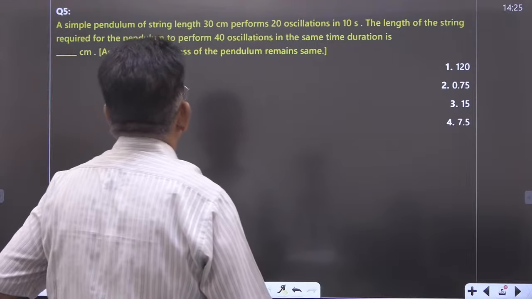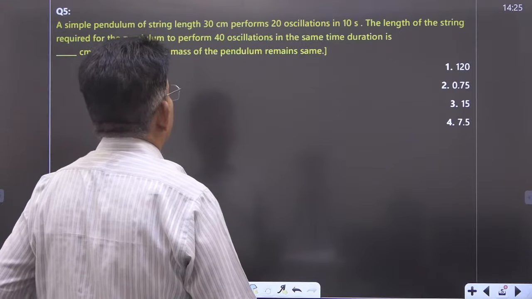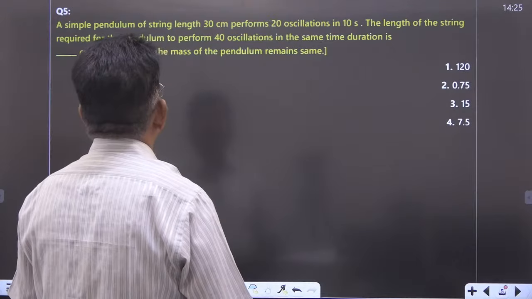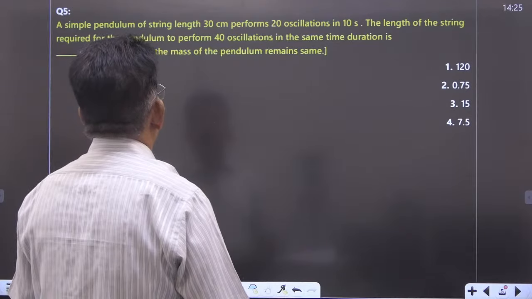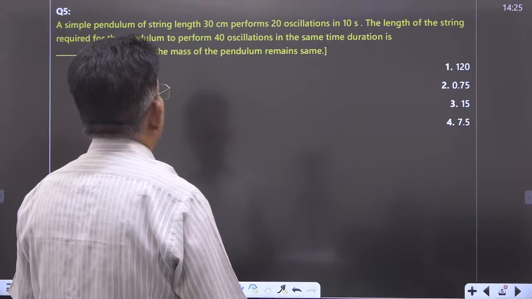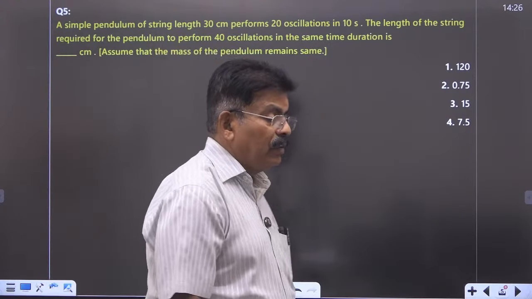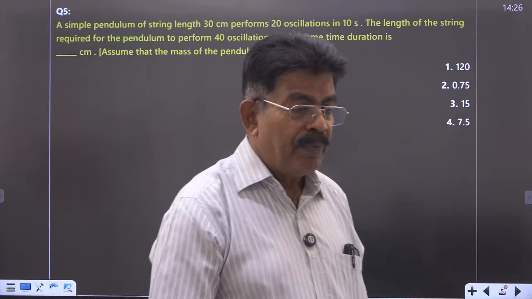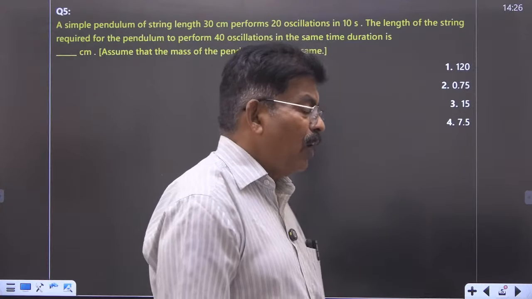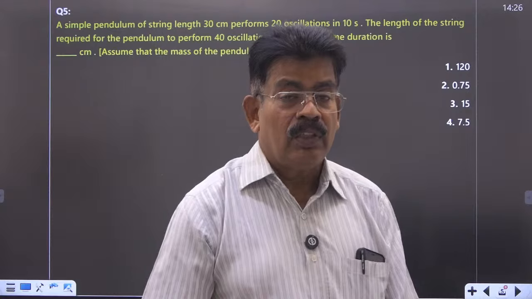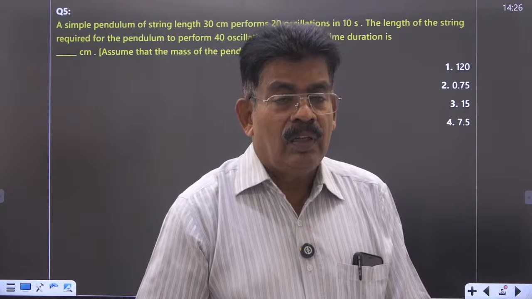A pendulum with string length 30 centimeter performs 20 oscillations in 10 seconds. The length of the string required for the pendulum to perform 40 oscillations in the same time is asked. So this is a problem related with time period and length, or frequency and length. But we are more familiar with the period.